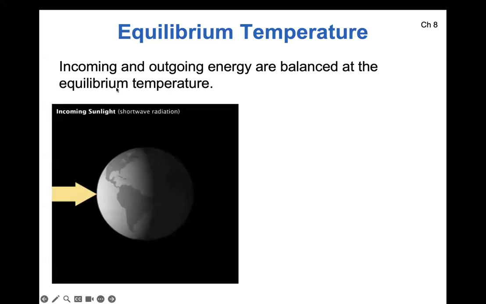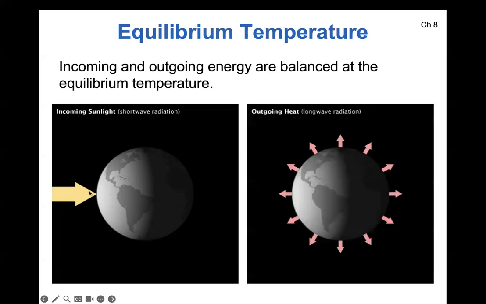What I mean by this, to make it perfectly clear, is that incoming sunlight is the input. You have energy coming in, and then the planet heats up to some temperature where it's able to radiate outgoing heat. If we take this back to chapter 5 material, we know that the incoming sunlight is shortwave radiation, the visible spectrum, a few hundred nanometers.